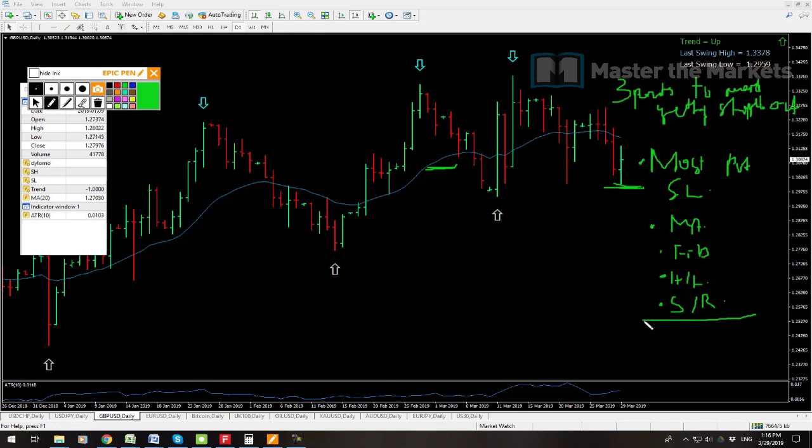Once you have listed all the probable places where most traders would put their stop loss, you can then go on to the second point. Now before I tell you the second point, you've got to first ask yourself, but why are we analyzing all of this? Why do we need to know where most people put their stop losses? Because you see, traders, what is a stop loss really?